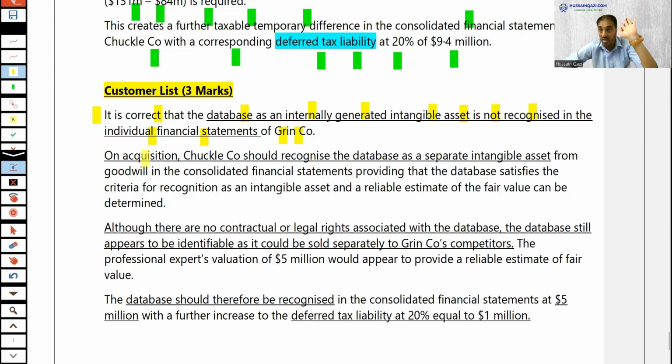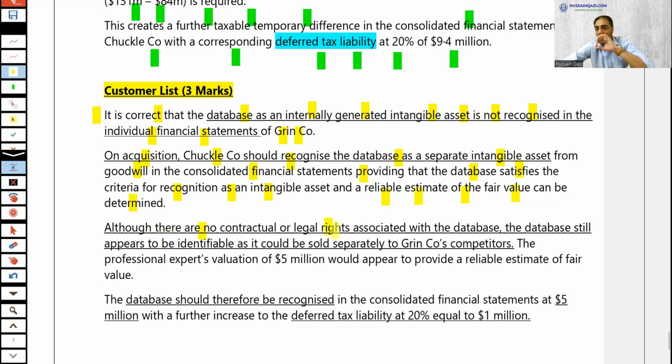But on acquisition, Chuckle should recognize the database as a separate asset from goodwill in consolidation, provided the database satisfies the criteria of recognition. And it already meets the criteria here.